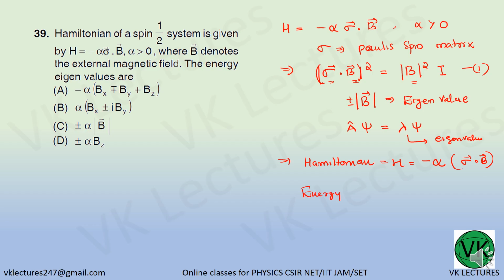So since in the Hamiltonian you have the minus alpha term, you can write the energy as minus alpha into plus or minus magnitude of B. So that's equal to plus or minus alpha magnitude of B, which is the energy eigenvalue corresponding to the given Hamiltonian for the spin half system.